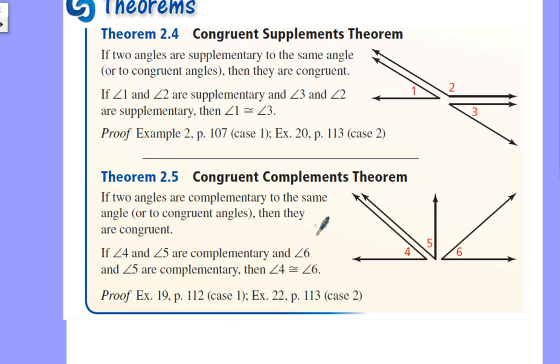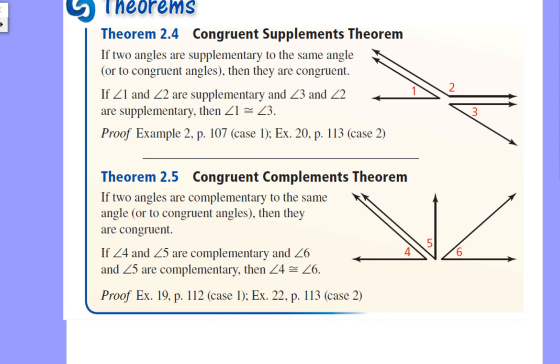And that's the exact same condition with our congruent complements theorem. If 4 and 5 are complements, equaling 90 degrees, and if 5 and 6 are complements, equaling 90 degrees, 5 is the same angle in both of the scenarios. So the only way that this actually works is if 4 and 6 are in fact the same angle.